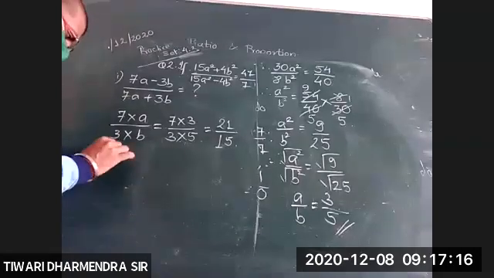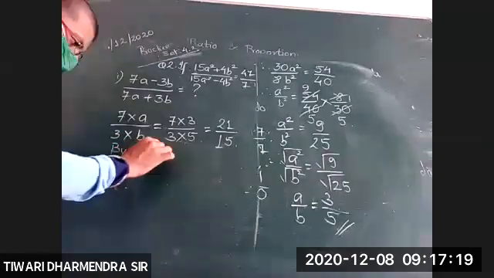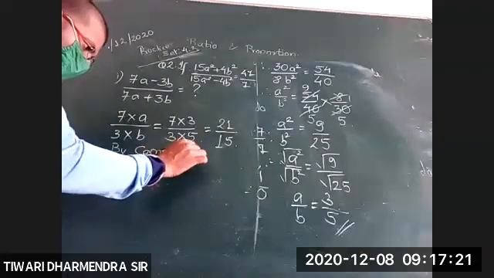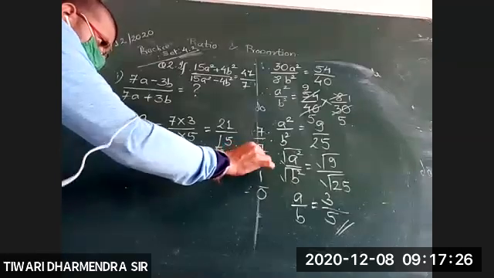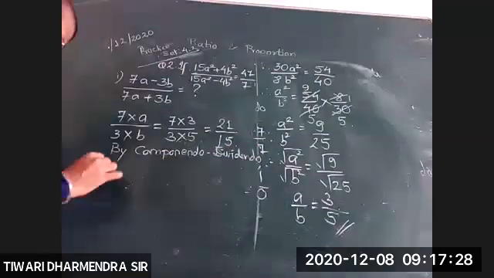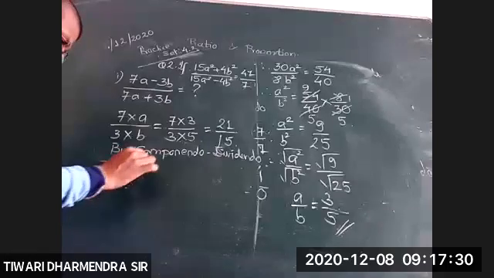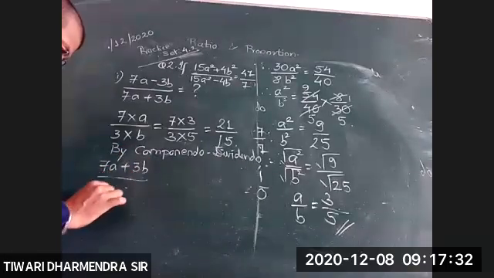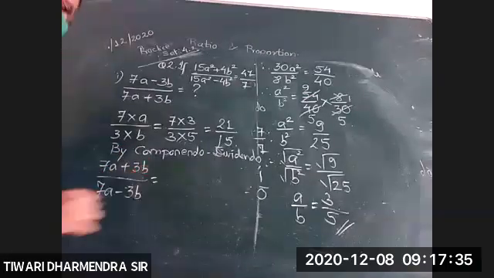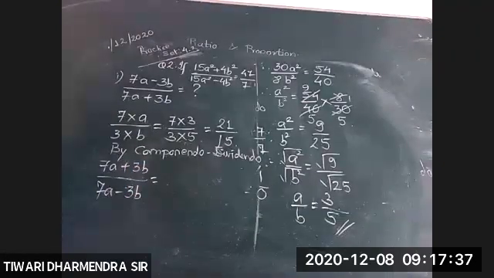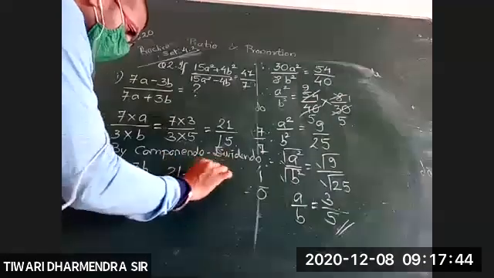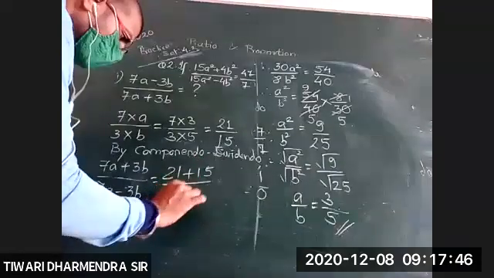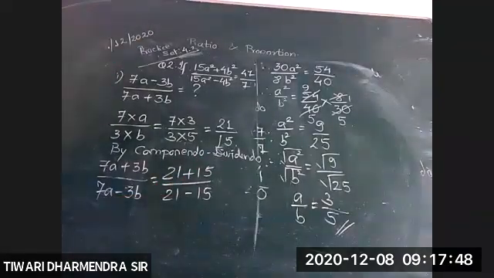So by componendo and dividendo, 7a plus 3b upon 7a minus 3b is equal to 21 plus 15 upon 21 minus 15. Hope you have understood this.